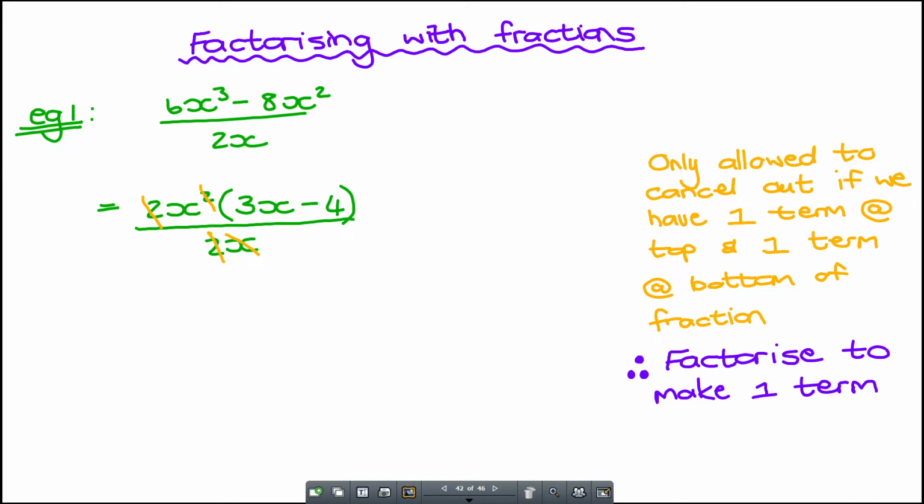Okay, so now at the top, I obviously have x bracket 3x minus 4. What do I have at the bottom? 1. But do I have to write it like that? No, you can just say this. Everyone fine?